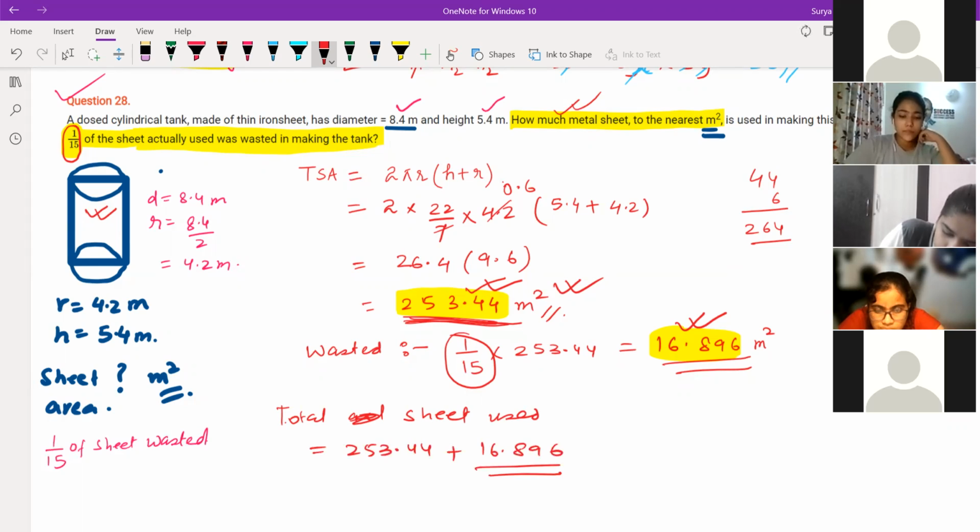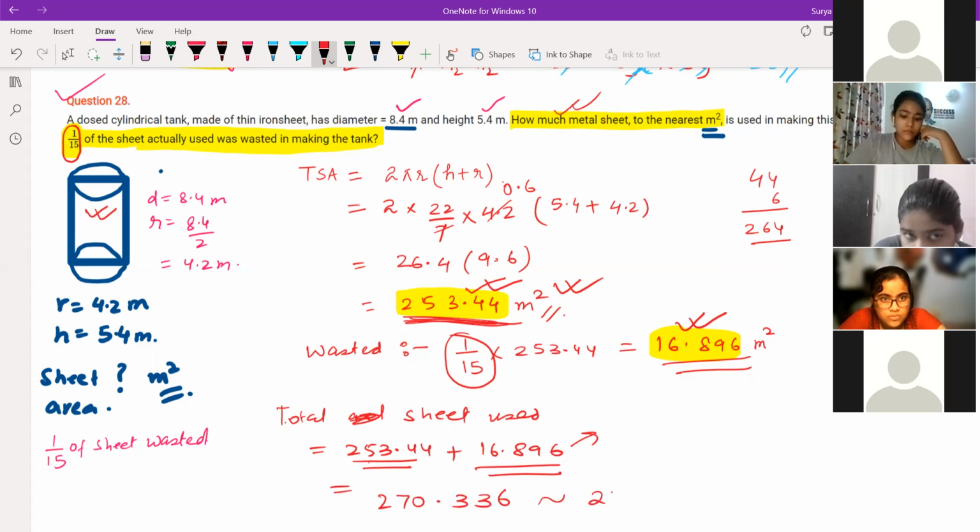This much got wasted, scrap, and this is the actual tank area. But how much sheet have we used, if you add both? So 6 as it is, 9 and 4 is 13, again point. What do we get here? Sir, 270.336 I got, sir. 270.336. If you want to write approximate, you can write 270.34 meter square.